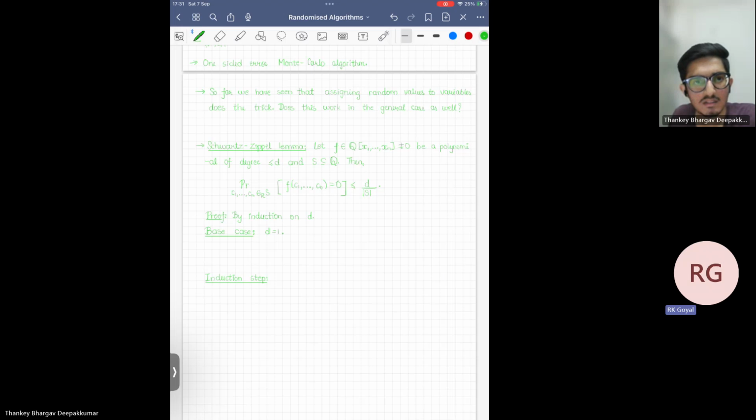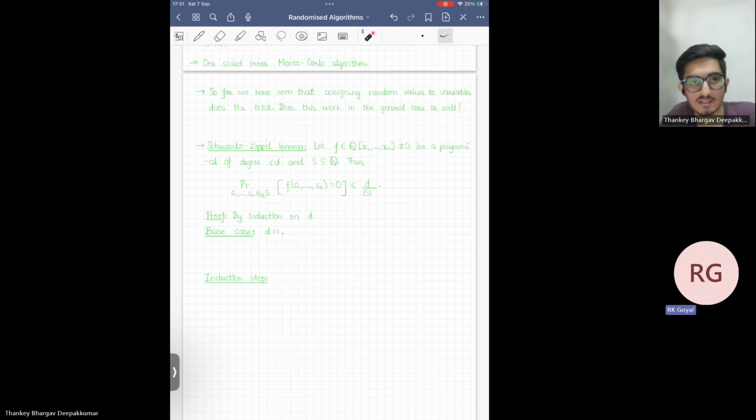S is not the rationals; S is a subset of rationals, any subset of rationals. Oh, I see. Pick a subset of rationals, plug that in, and that gives you a value. But this subset could be pretty large, its cardinality could be very high, so the larger this is, the smaller the bad probability.